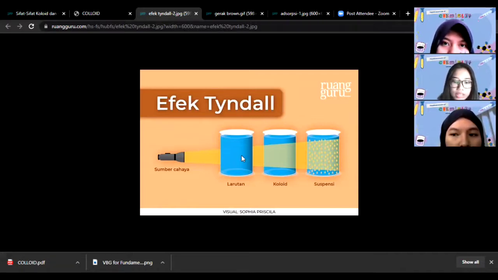But when the light beam is directed into colloid and suspension, look here, the light beam will be scattered so that the traces can be seen. Why can the light pass through the solution? Because the solution is homogeneous, different from colloid and suspension.